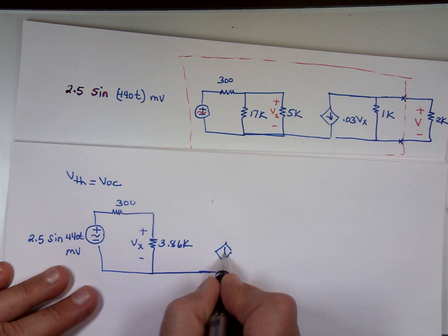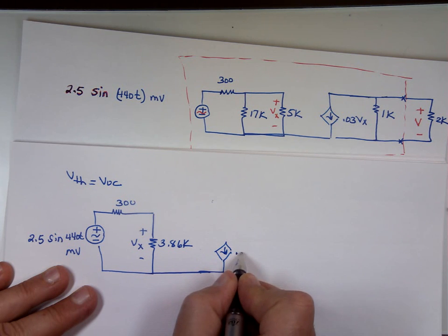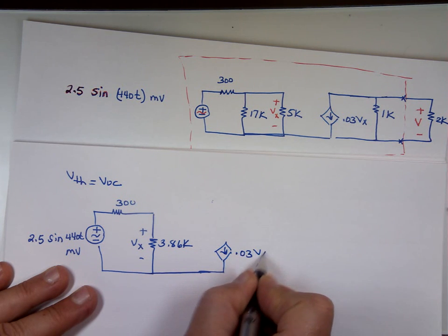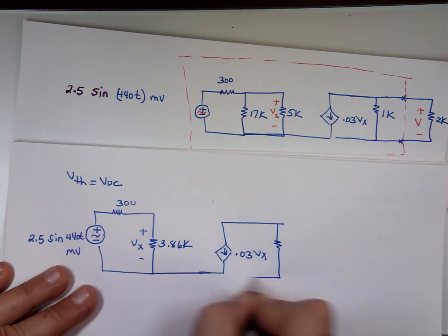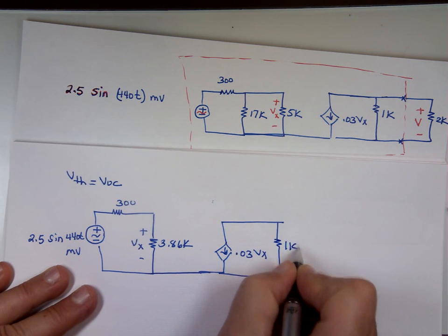This is 0.03 Vx. This is 1K. And this is your V open circuit.